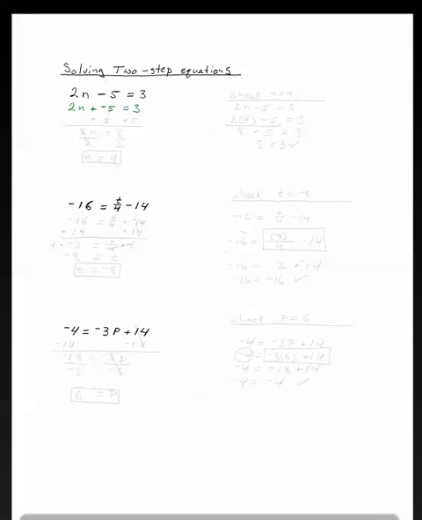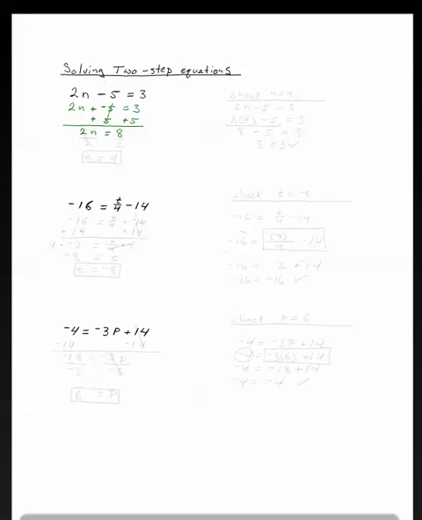Now, to get rid of a negative 5, we just add 5. So we're going to add 5 to both sides. Negative 5 plus 5 cancels, and we're left with 2n equals, and then 3 plus 5 is 8.